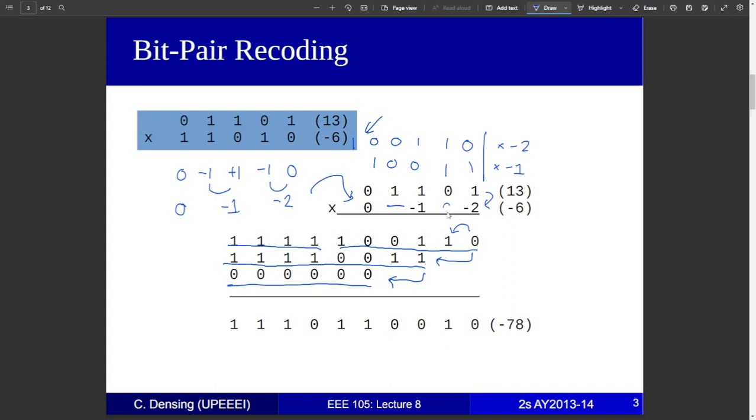But you can also think of it as putting zeros in between. And then with that, you can add the partial products to get the final answer of negative 78. You can see that we have a negative and a positive number here, but we don't care because we're using a recoding method. We know from Booth that the recoding method makes it so that you don't have to think about the signs. You just have to think about the signs of the partial products.